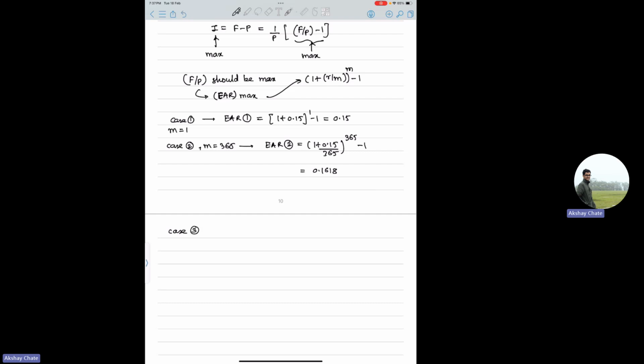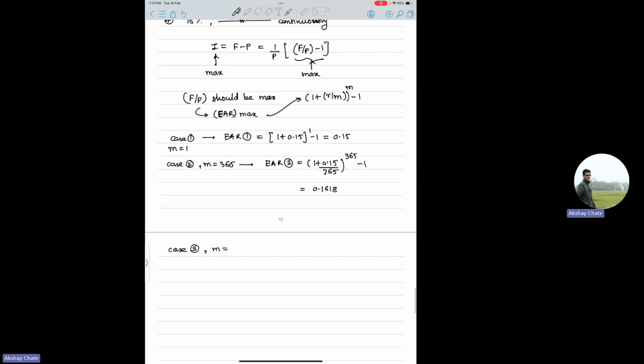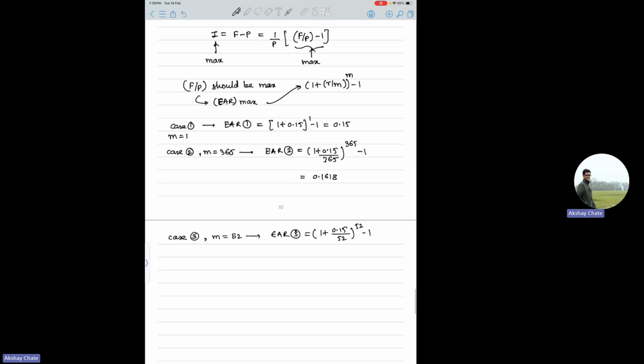Case 3, since it's weekly, m is 52, so EAR in case 3 would be 1 plus 0.15 divided by 52, power 52, minus 1. Let's do that also and see what you get. You'll get 0.1616.